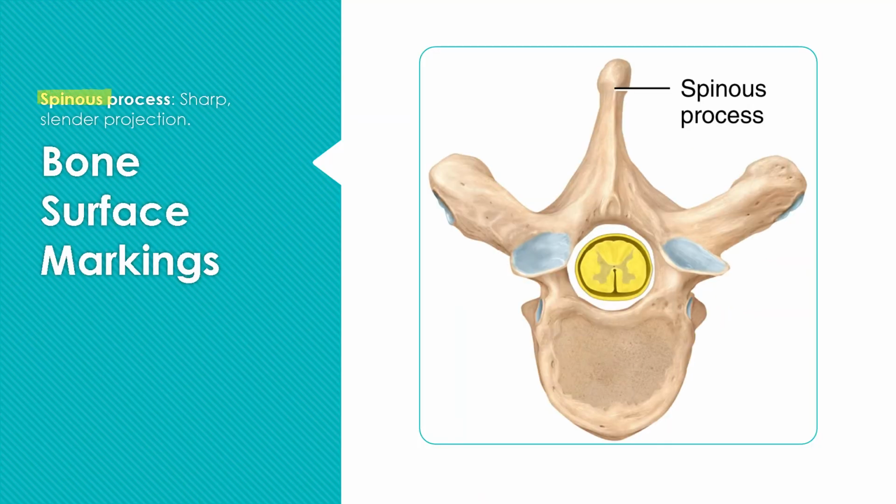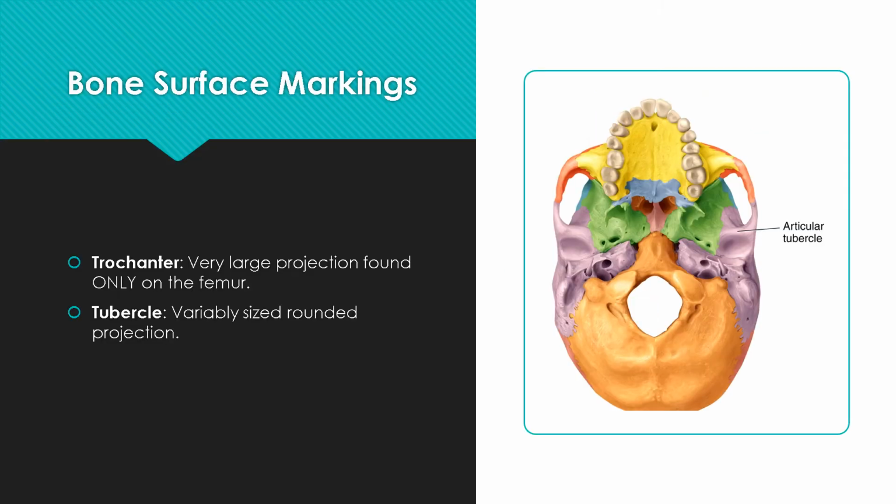A spinous process. This is a very sharp and slender projection. So here we have a spinous process on a vertebrae. Trochanters are very large projections. They're found only on the femur. And a tubercle. Tuber means knob. This is a variably sized rounded projection.